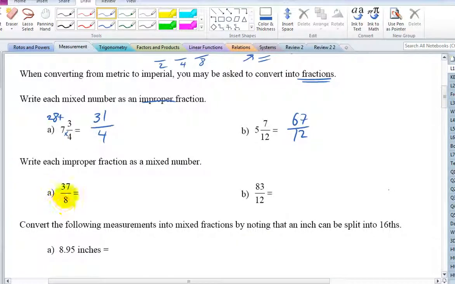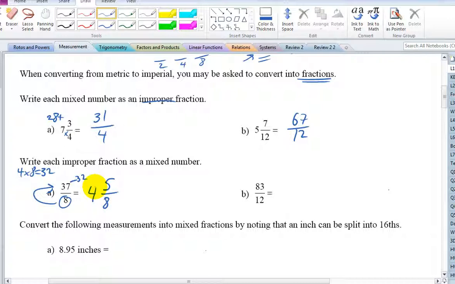Now it's how many groups of 8 are in 37? Okay, so guess and check. This is non-calculator. Okay, I think there's about 4 groups of 8. Now 4 times 8 equals 32. So I would simply subtract 32 to see that there are 5 8ths remaining.